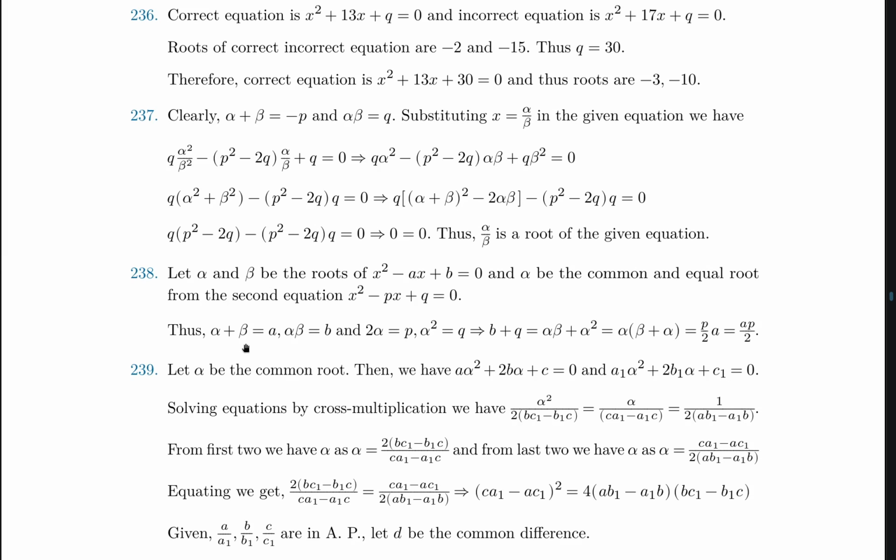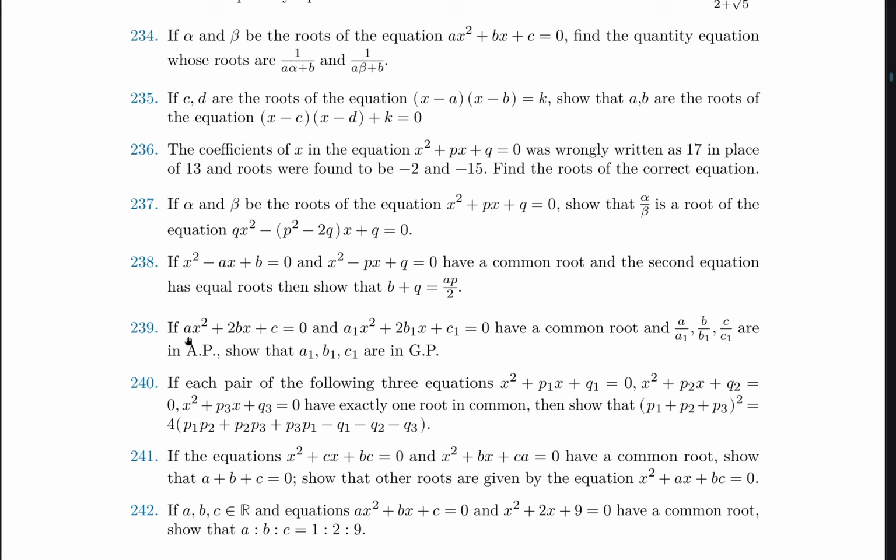So we can write α + β = a, αβ = b from the first equation. From the second equation, 2α = p, α² = q. Now for b + q, we add αβ and α². So αβ + α² = α(β + α) = (p/2)a = ap/2.